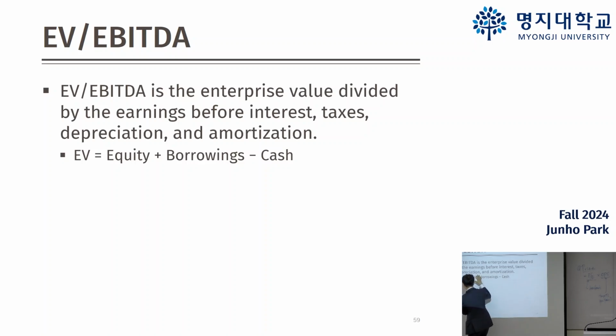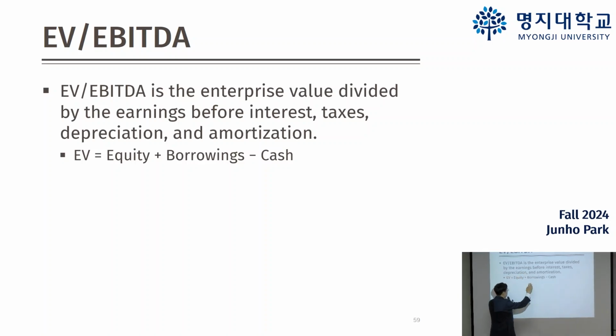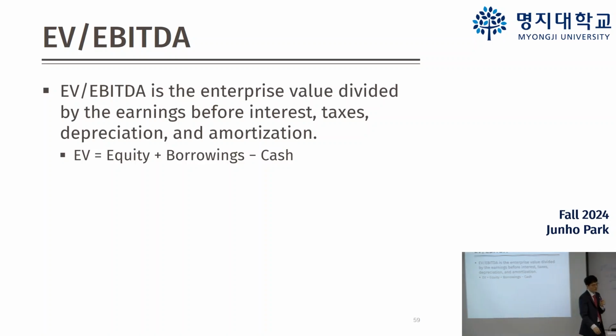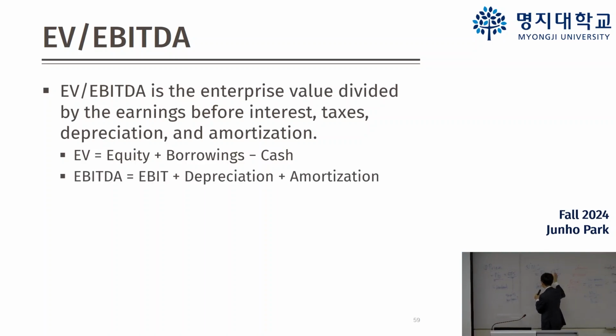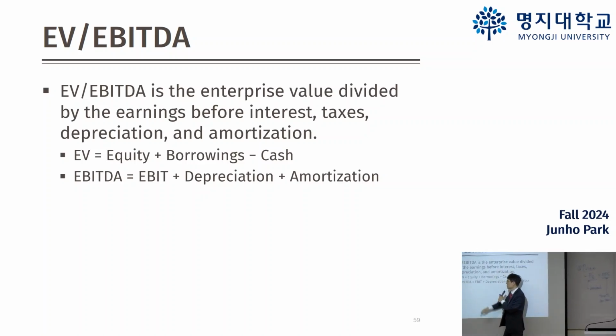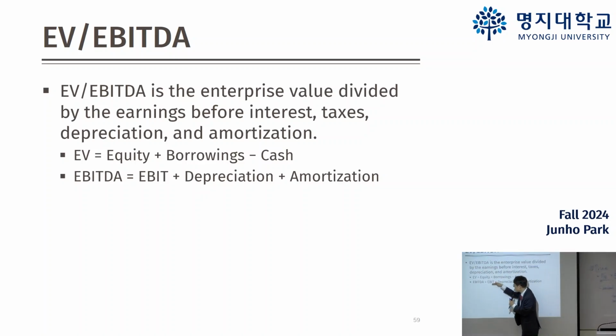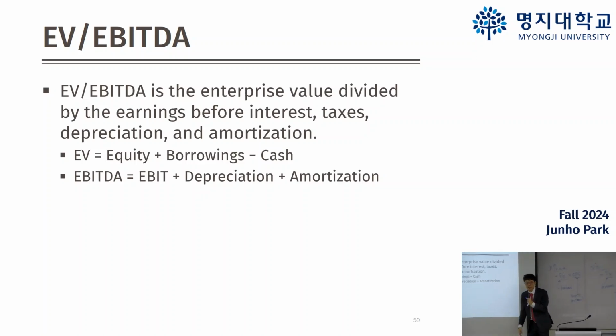It is the sum of equity and the net debt. And the net debt is the borrowings minus cash, because you can use your cash to pay out your existing debt. And at the same time, rather than using the net income, we are going to use the EBITDA, which is EBIT plus depreciation plus amortization.